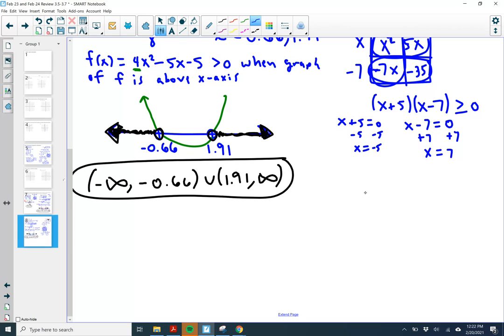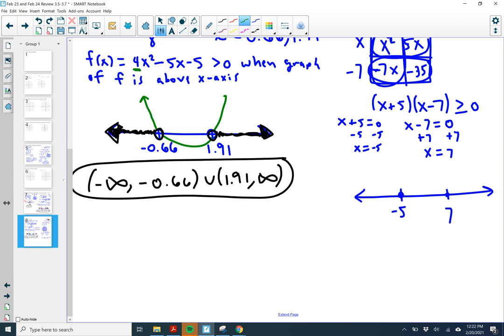We draw the number line and put the zeros on it. This time they're going to be closed because there's an equal sign with that inequality. So we're going to have a 0 here at negative 5, and one over here at 7.